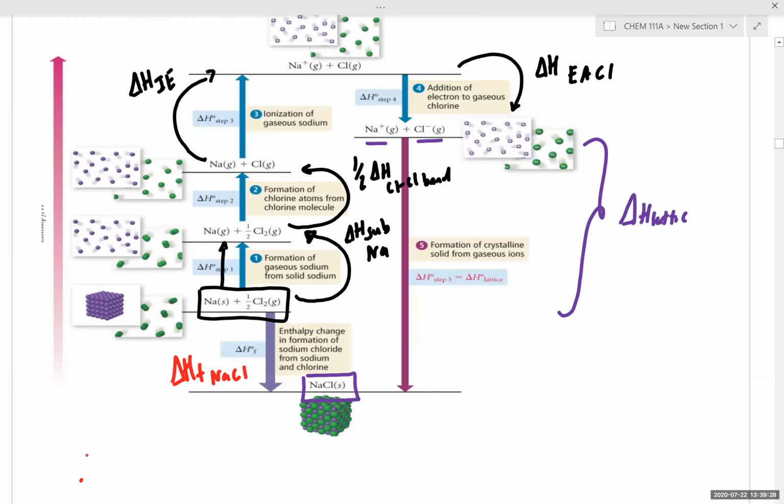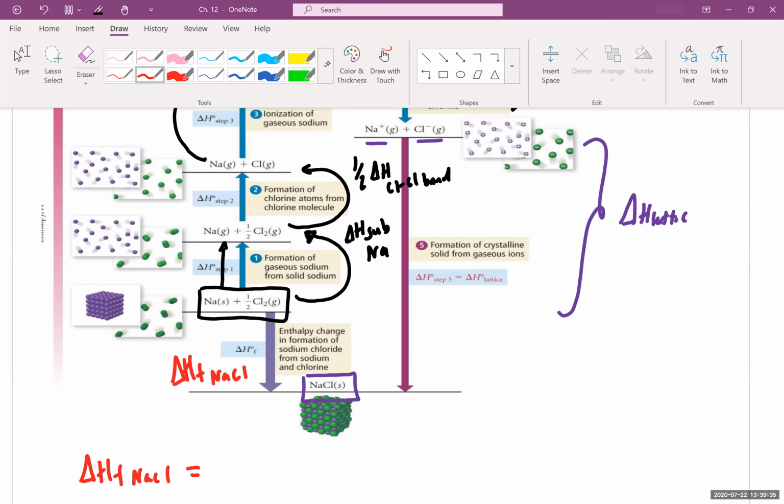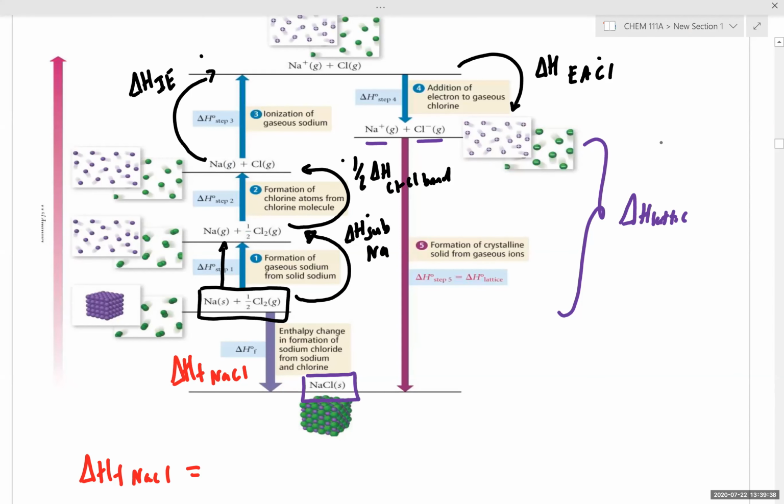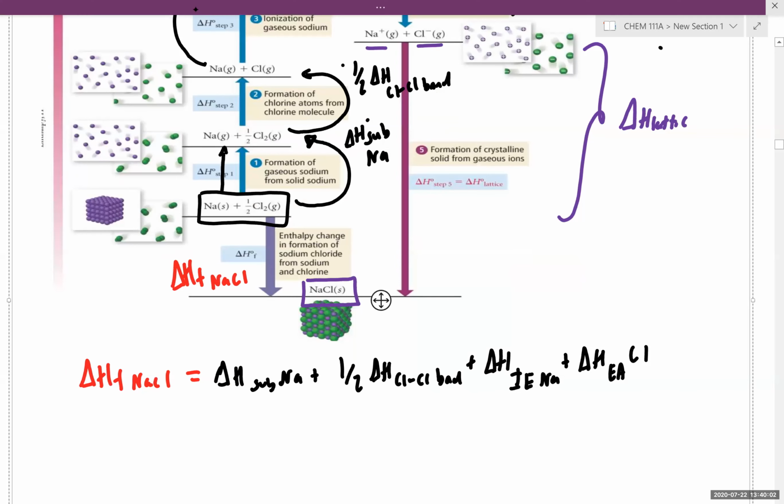So if we're writing this out mathematically, the enthalpy of formation of sodium chloride is equal to, and now we just add up each of our steps, the enthalpy of sublimation of sodium plus 1/2 the enthalpy of a chlorine-chlorine bond plus the enthalpy of ionization energy for sodium plus the enthalpy of electron affinity for chlorine plus the lattice enthalpy.